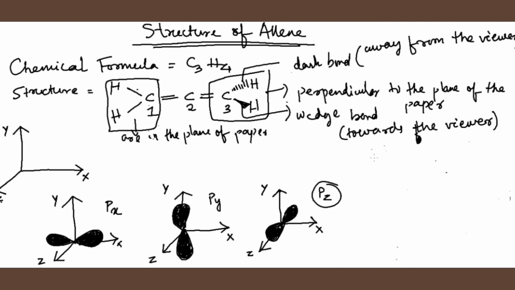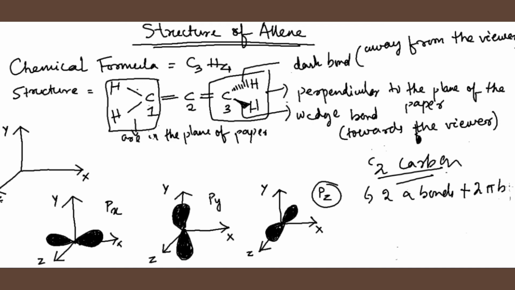So now we will see the C2 carbon. In the C2 carbon, you can see that there are 2 sigma bonds plus 2 pi bonds. 2 sigma bonds means the hybridization is sp.